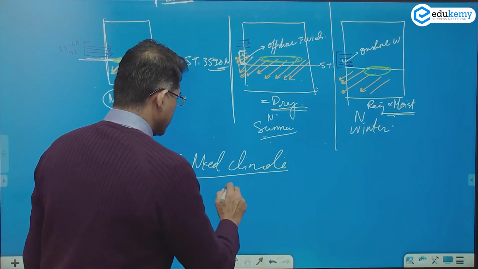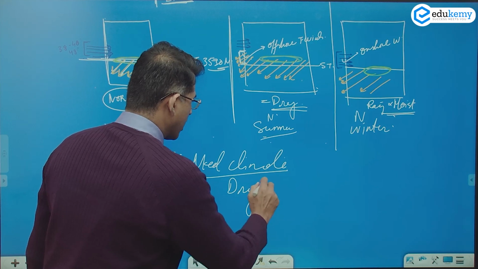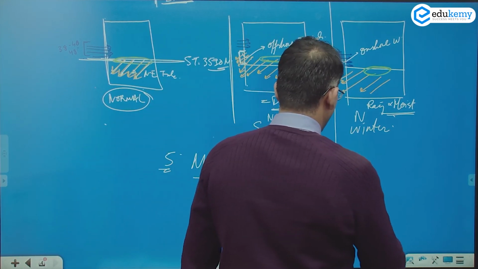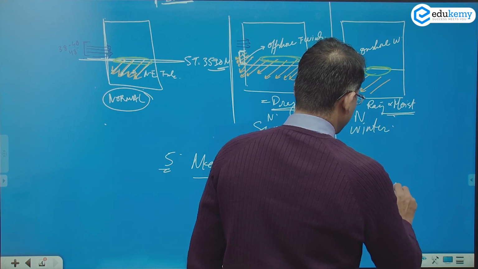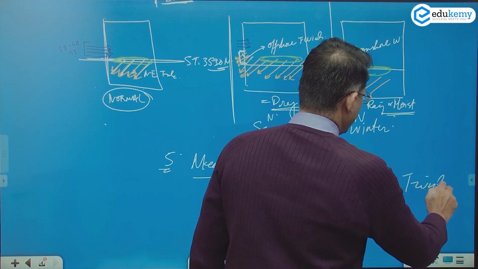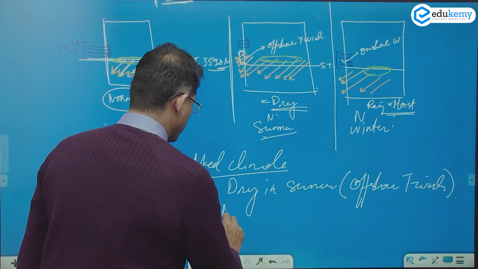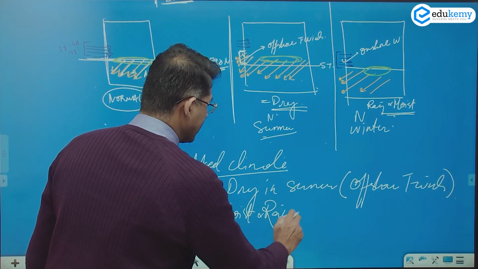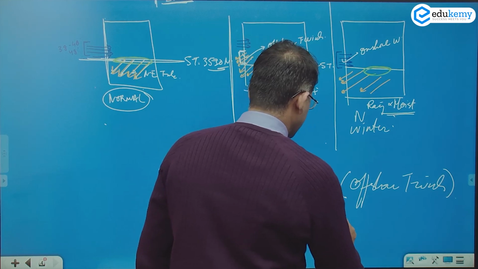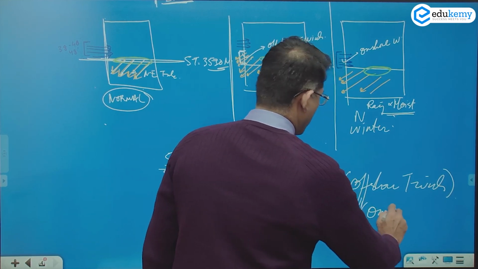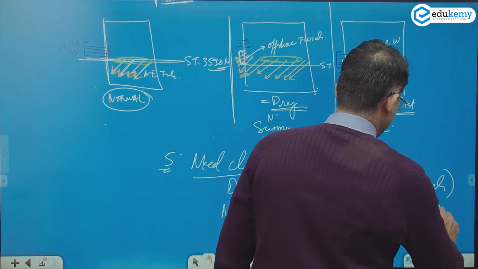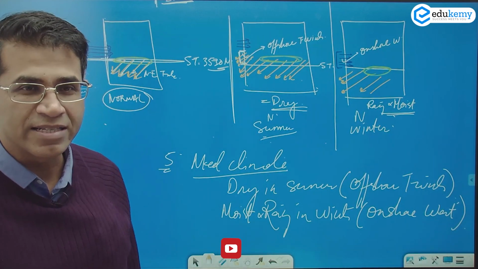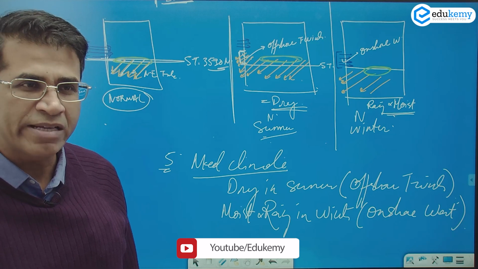This is dry in summers because of offshore trade winds, and this is moist and rainy in the winters because of onshore westerlies. Dry in summers and moist, rainy.